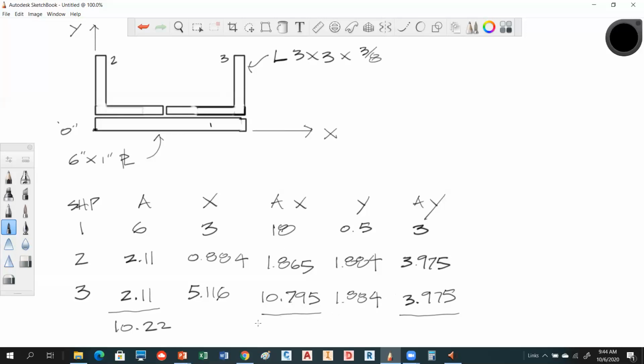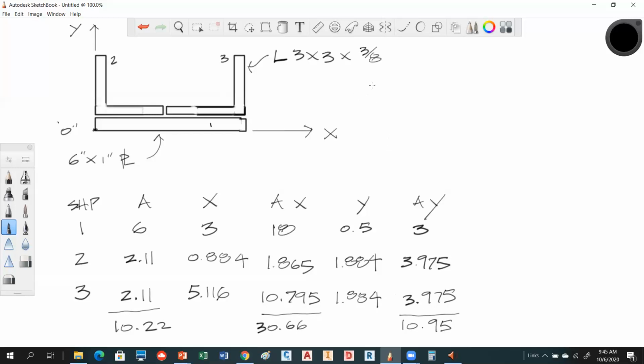And that gets me 30.66. Excuse me. And then the last one, 3.975 plus 3.975 plus 3, and I get 10.95. Anybody see any mistakes? Anything I've got?